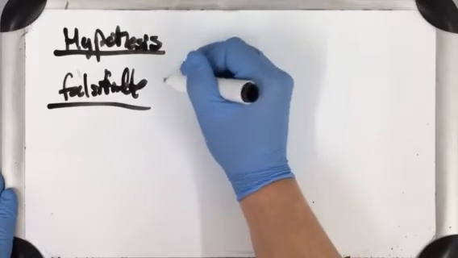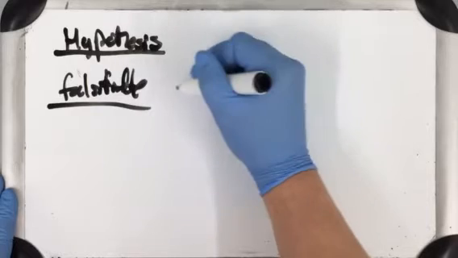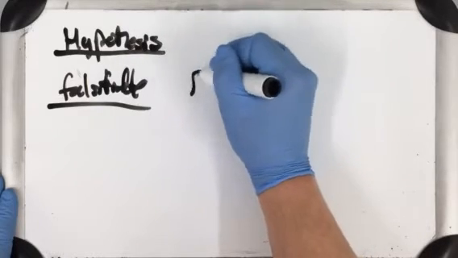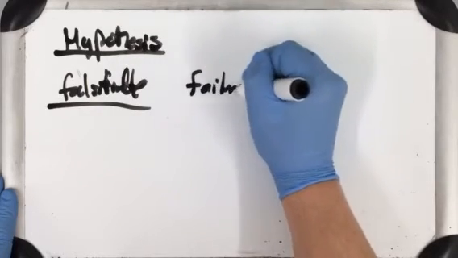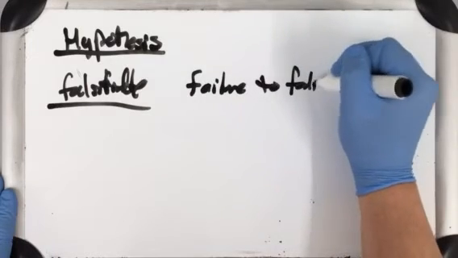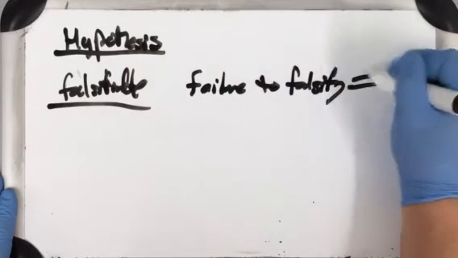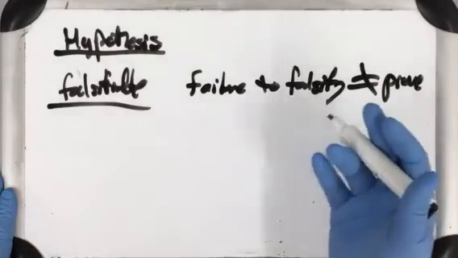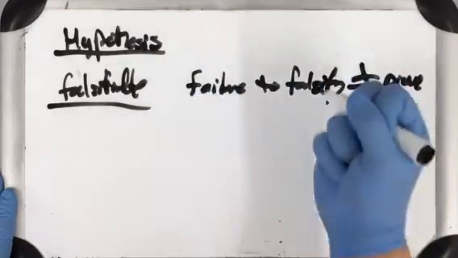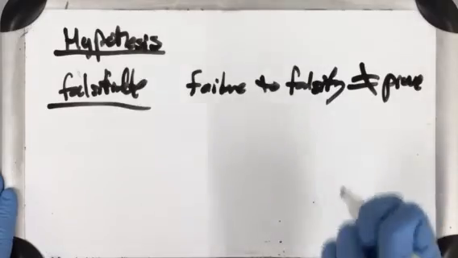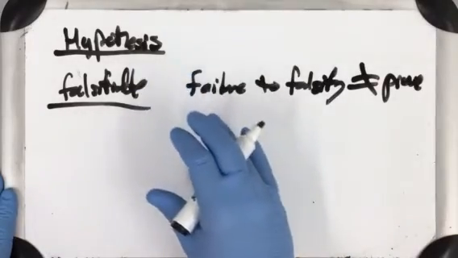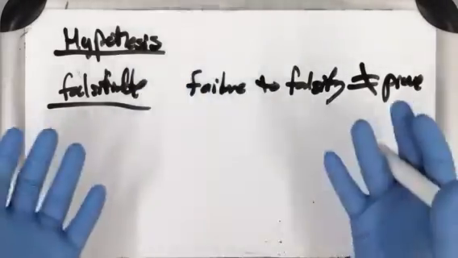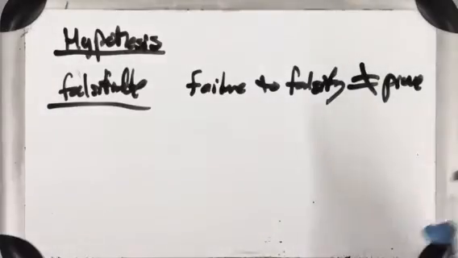So if you fail to falsify it, that does not equal that it's proven. You have to test that your hypothesis holds in a controlled setting. A lot of times science gets away with saying that their hypothesis is true, even though they didn't account for certain variables.